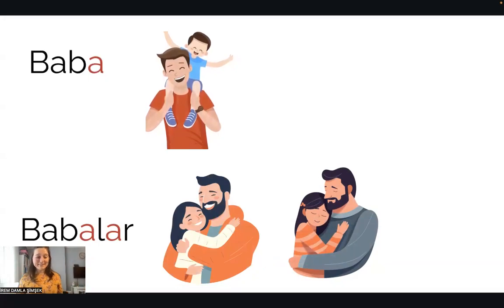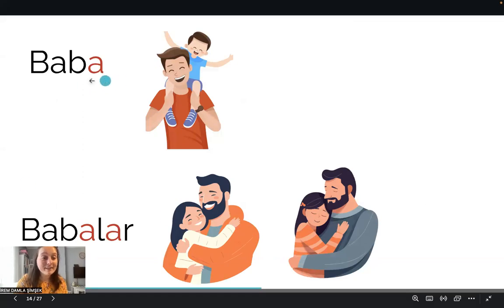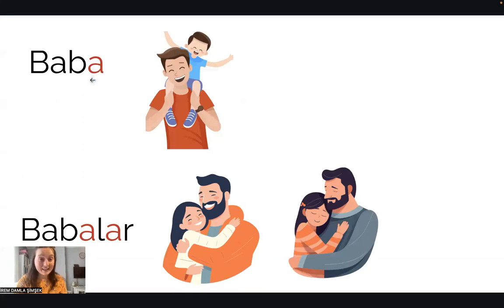Baba. Remember the alphabet? We discussed many words. One of them was baba. The final vowel is a, it ends with an a. It doesn't have to be the last letter, but in the word, it's the final vowel. Baba means father, by the way, as you see from the pictures.